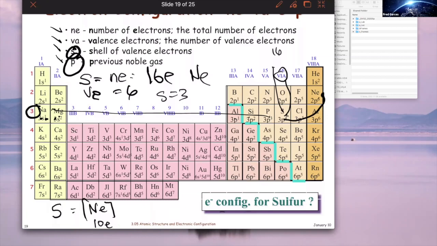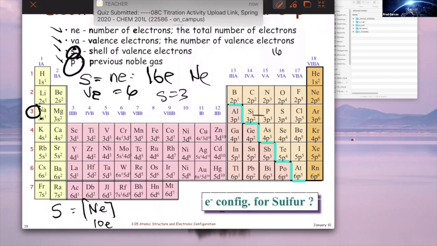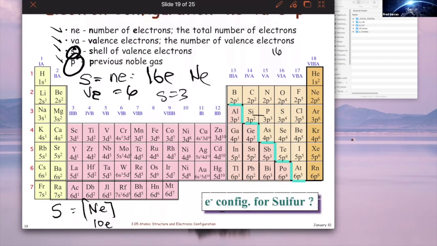Then let's just walk from neon to sulfur. From neon to sulfur, this is basically what's going on. Let me erase this real quick so that you guys can see what I'm doing. Again, this is electron configuration based on the periodic table. So if you walk from neon to sulfur, we go to 3s1, 2, okay, and then 3p1, 2, 3, 4.